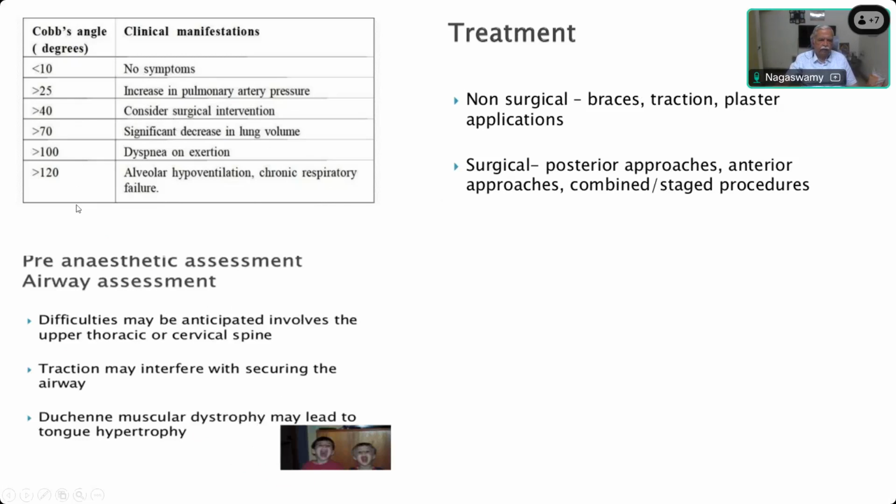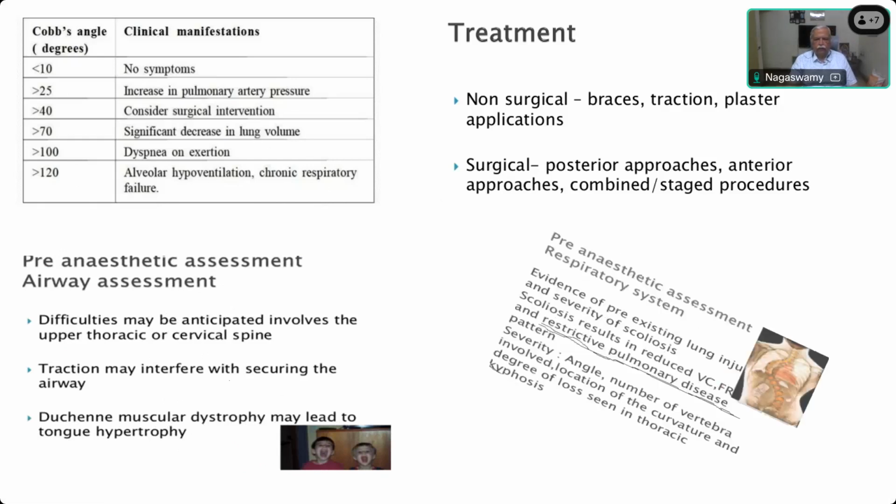Difficulties may be anticipated when there is an involvement of the cervicothoracic region. And supposing already some traction has been given as a conservative method, then you may have difficulty in securing the airway. Or patients with Duchenne muscular dystrophy may have tongue hypertrophy, which may cause difficulty in visualizing the glottis.